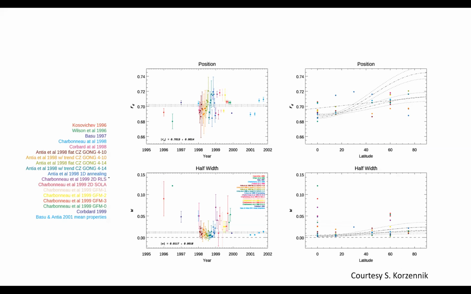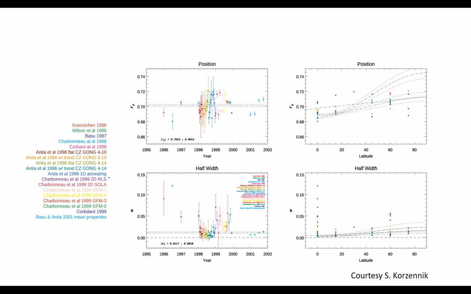I'm not sure what the origin of this is, if this was published or if this is his own plot. But you can see here, he called it a smorgasbord of results, and this goes a little bit later than Rachel's table, I believe. But you can see again the position varies somewhat, and the width varies a fair amount.